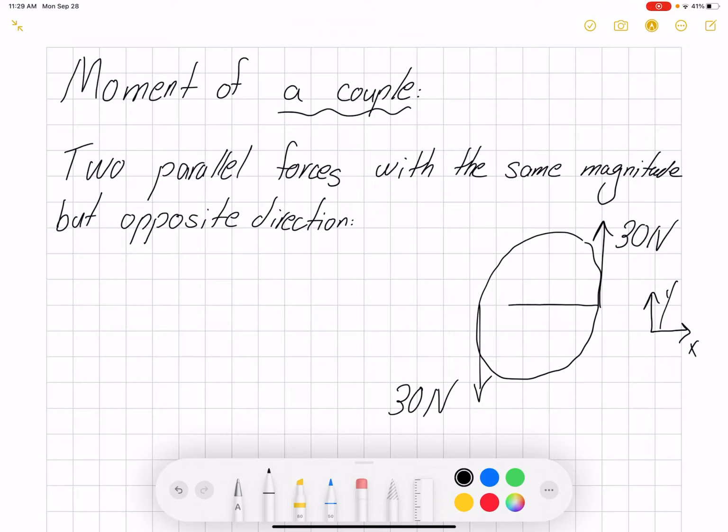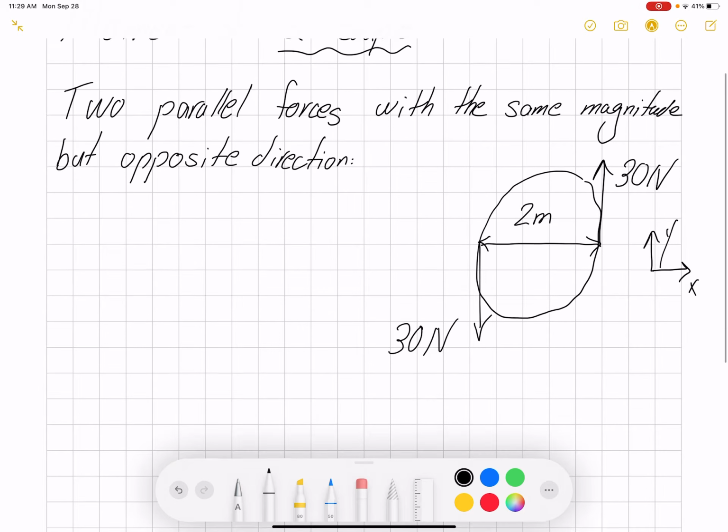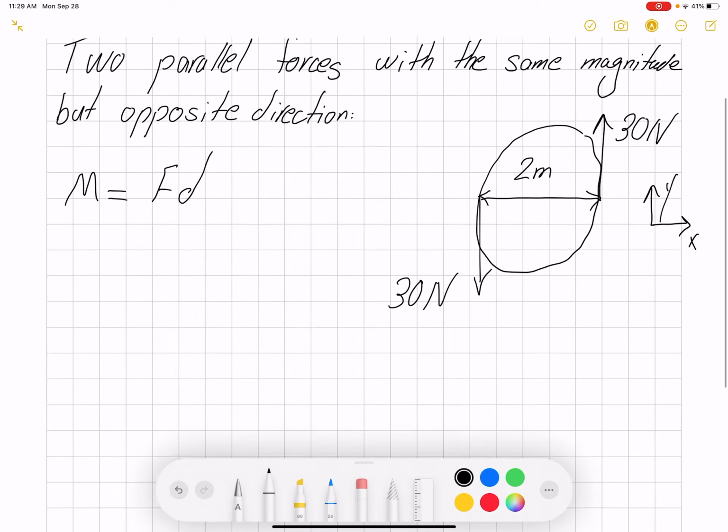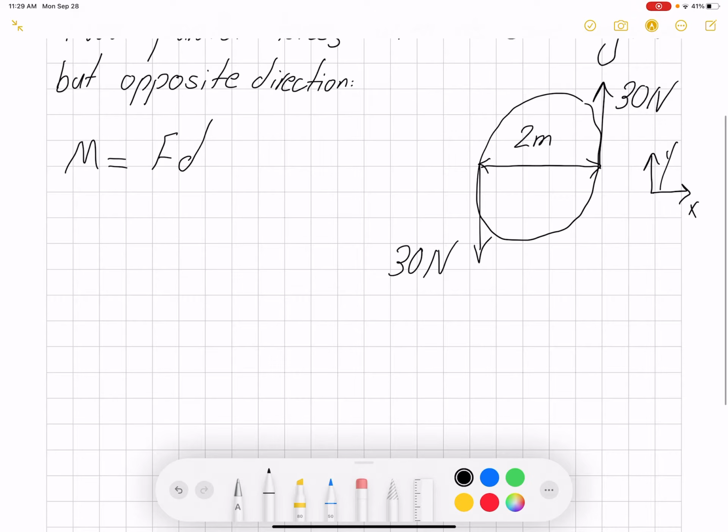If the distance between the two is 2 meters, we want to find the moment of this couple. The moment of a couple is defined as F times D, where F is the force magnitude of one of the forces, and D is the perpendicular distance between the two. And that's our scalar formulation.